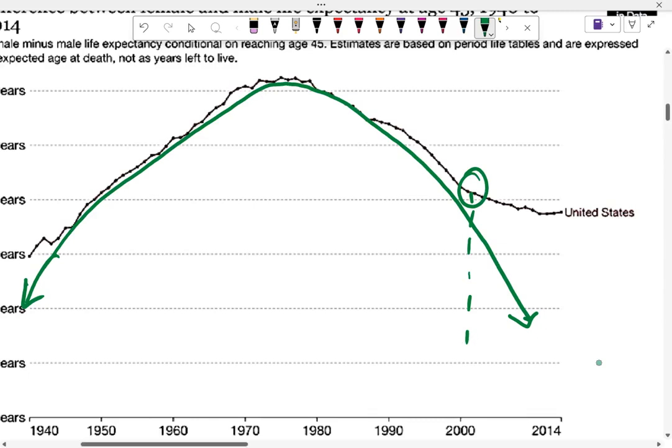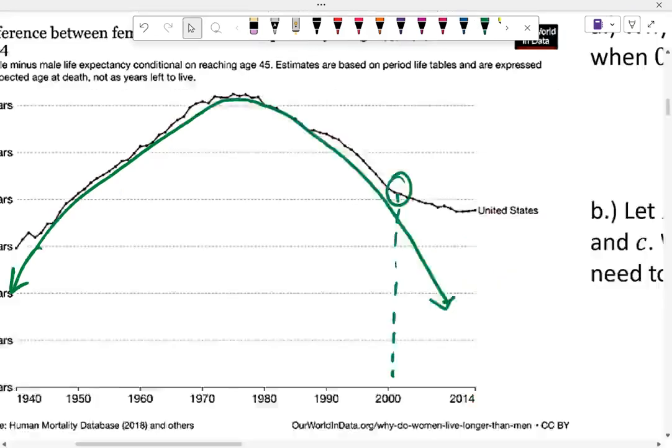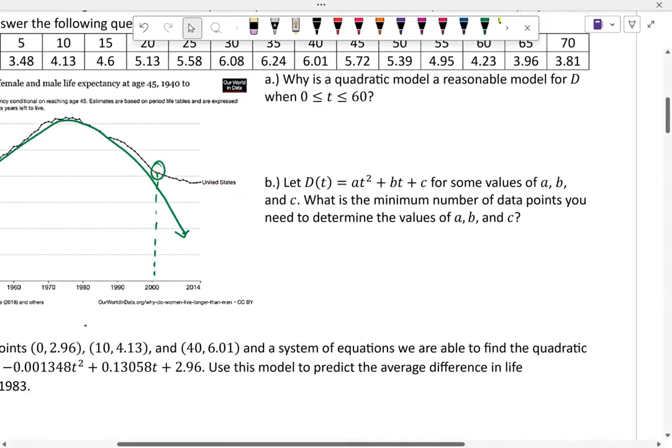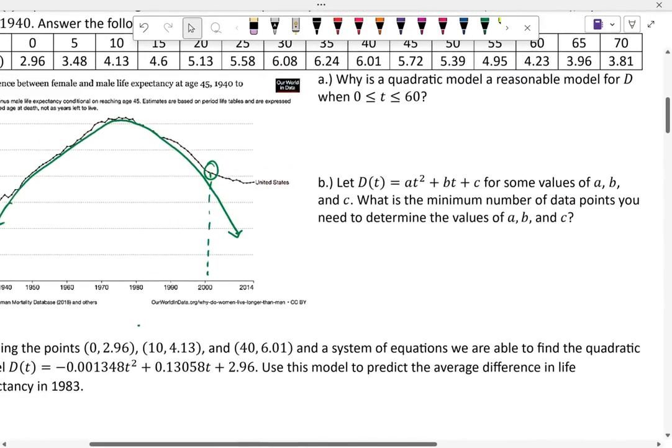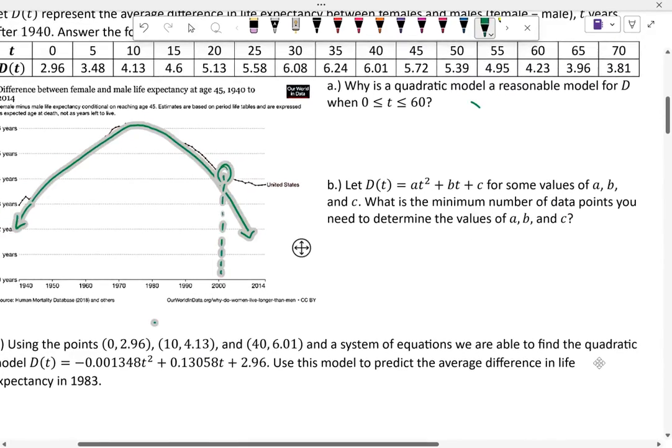Looks like around 2000, right? So up until 2000, this data follows more or less a parabolic shape. So for most of the data, is a quadratic a good choice? Does it follow that parabolic shape? Yeah. So that would be one of the reasons why a quadratic model is a reasonable model. Well, we can say it definitely has that parabolic shape.